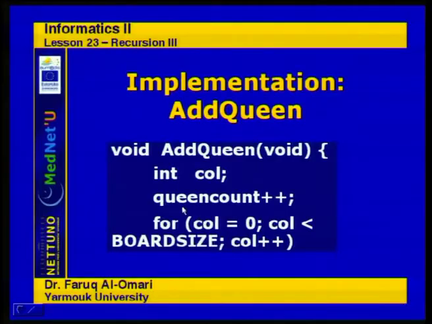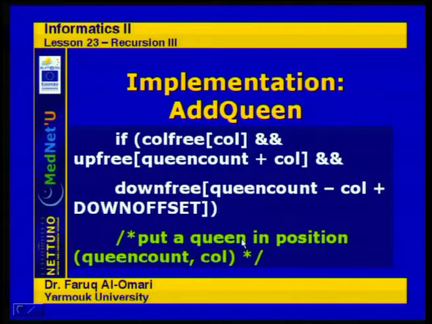Void add queen doesn't take anything, and it defines a local variable called column. It's going to add a queen, so right away it's going to increment the counter, which indicates the number of queens that I have on the chessboard so far. And then I'm going to say for column equals 0 to board size, that's to 8, of course less than 8, 0 to 7. Each time what am I going to do?